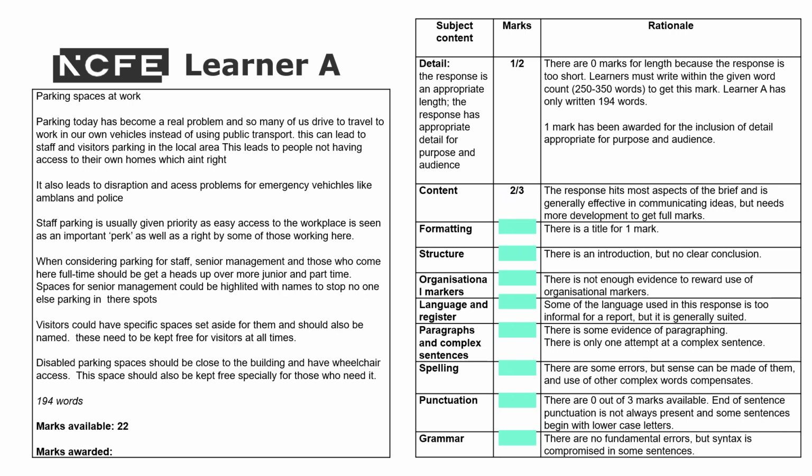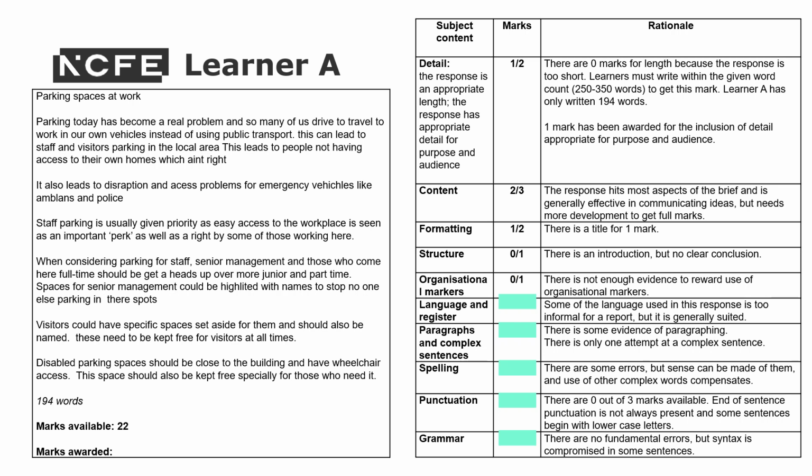For content, this scored 2 out of 3. The response hits most aspects of the brief and is generally effective in communicating ideas, but it needs more development to get full marks. For formatting, 1 out of 2, there is a title for 1 mark. Structure, 0 out of 1, there is an introduction but no clear conclusion.